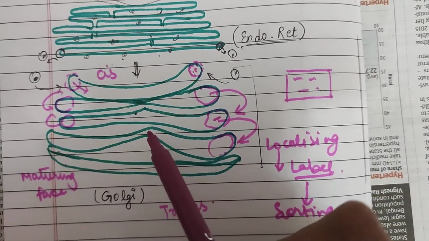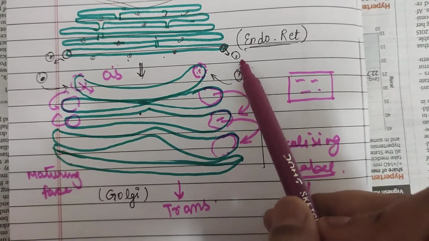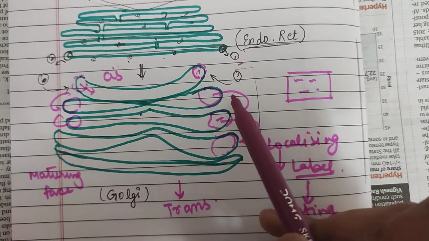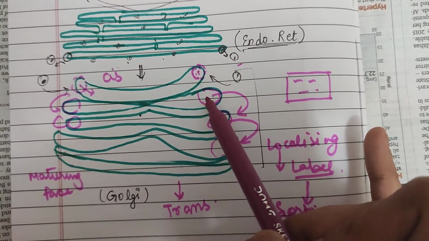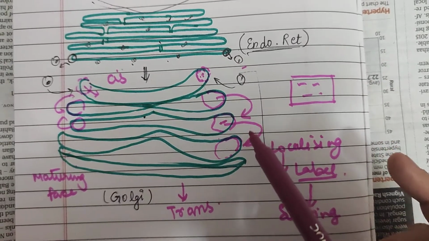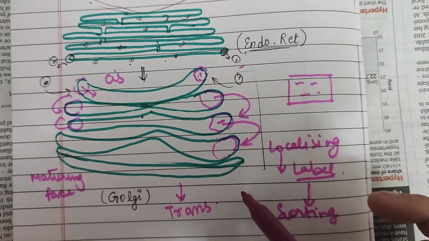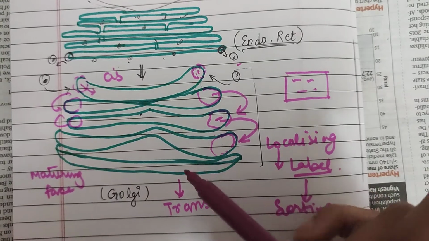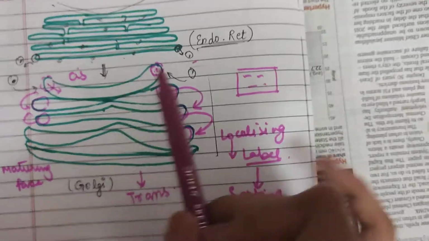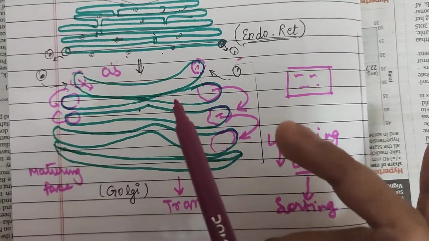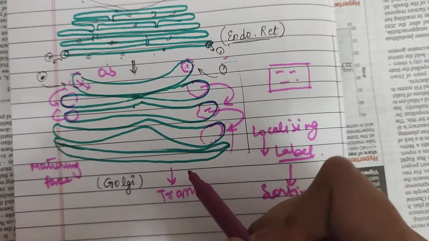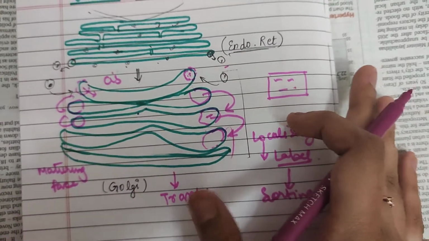The mail comes to the post office, that is Golgi, and then it is sent to the respective locations according to the address. This is how the vesicles go, and this is how the transportation works.